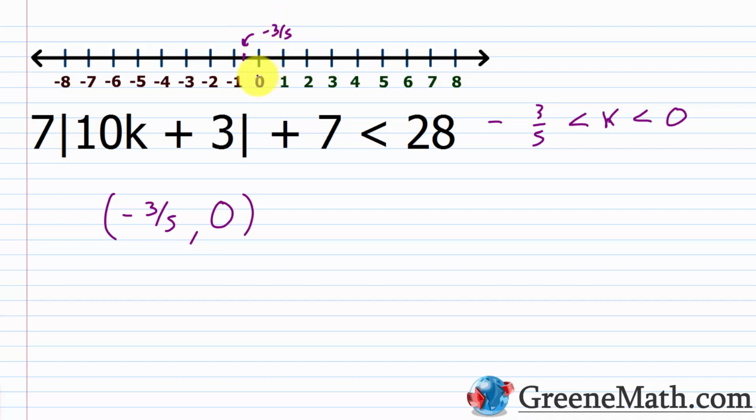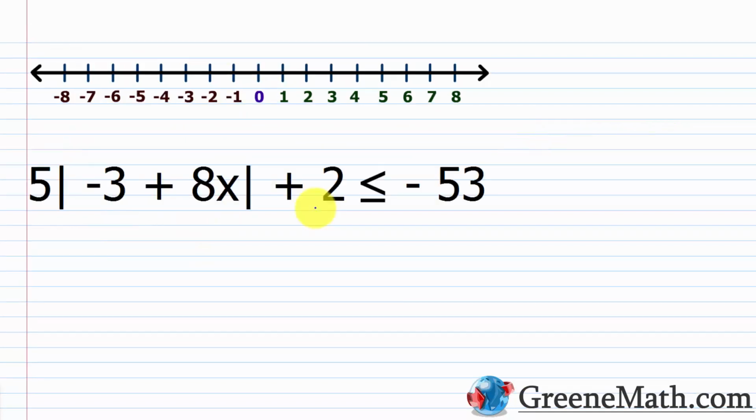So here's 0. So what I would do is put a parenthesis here facing to the right, one here facing to the left. It's kind of a small area on our number line. We'd shade everything in between. So again, k can be anything that is greater than negative 3/5 up to and not including 0. So anything in that range between negative 3/5 and 0.